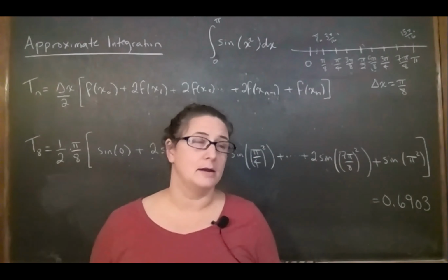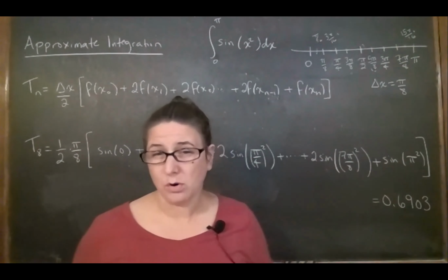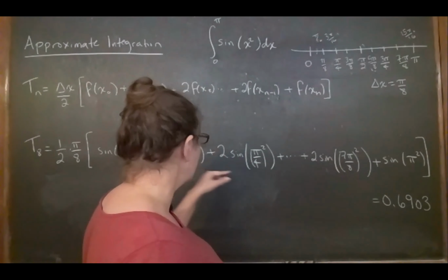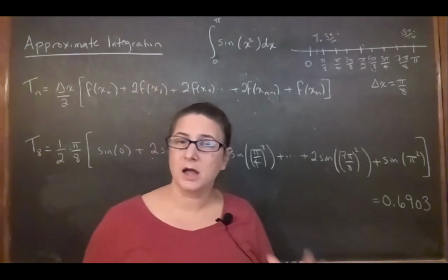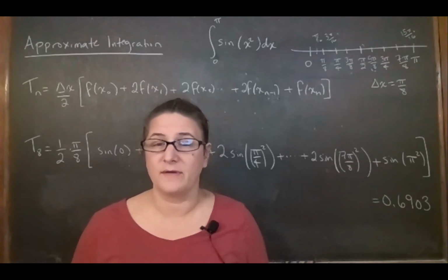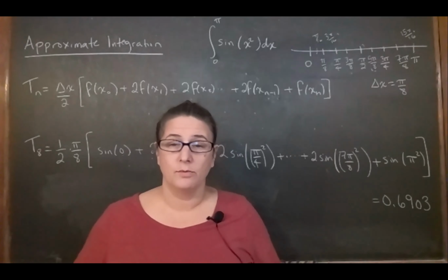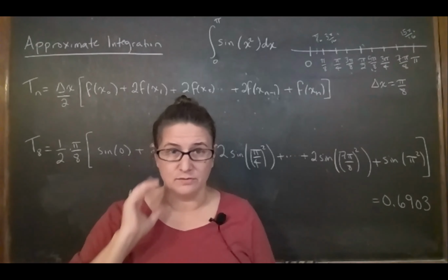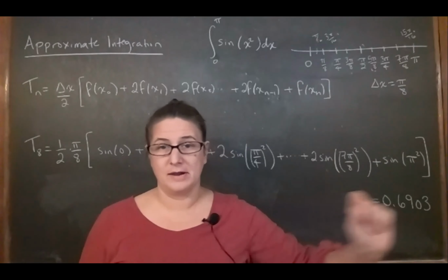So n equals 8 endpoints. The work is going to be in actually calculating this stuff. If we can come up with a better way of getting a faster result with the same number of endpoints, that makes a lot of sense when you're actually doing it yourself and you can't just take a little scroll bar and put n up to 50.